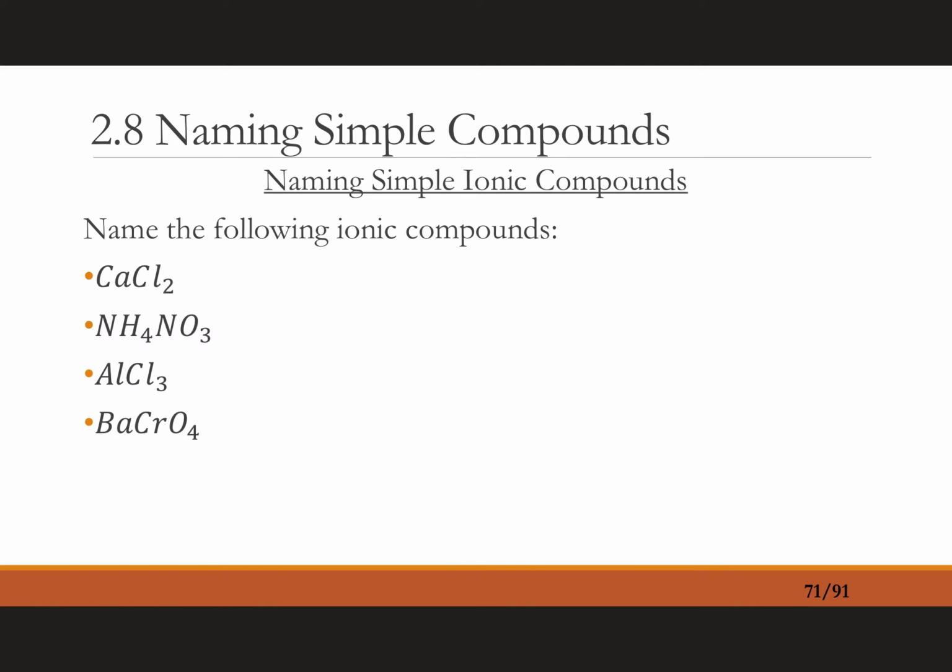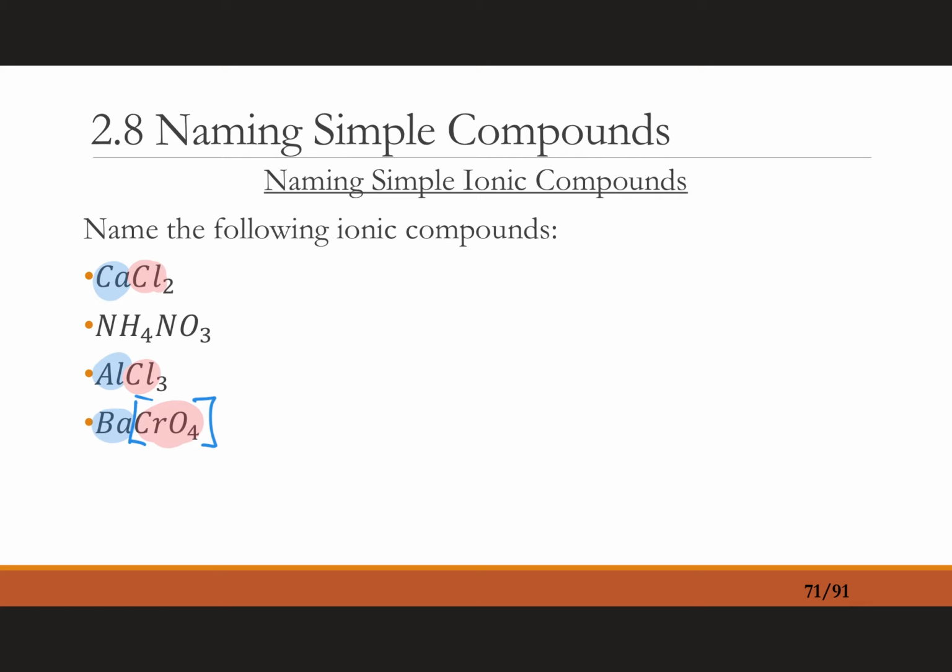All right, so naming these ionic compounds, again, let's just make sure they're ionic. You have a metal calcium, you have a metal aluminum, you have a metal barium, you have non-metal chlorine. You actually have a metal chromium there, but this actually ends up being a group. Because it's a group, it's a polyatomic ion, and therefore it's not a metal.